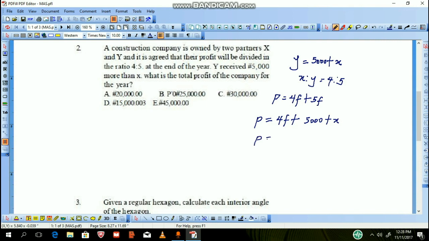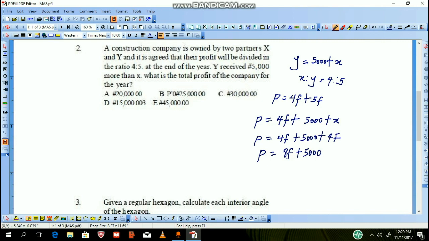Therefore the total profit is 4F plus 5,000 plus the actual amount that X receives, which we've called 4F. That means the total profit will be 4F plus 4F, which is 8F plus 5,000.